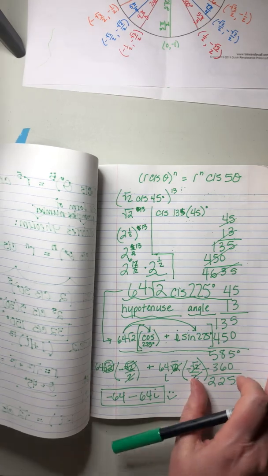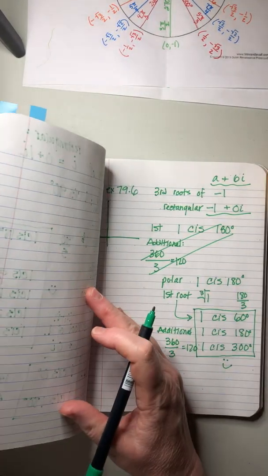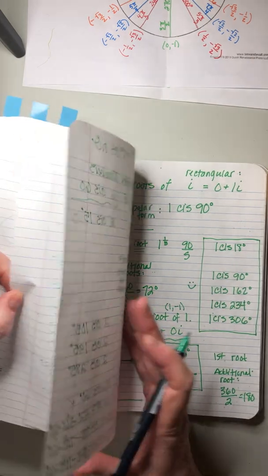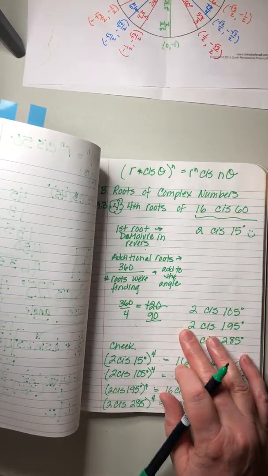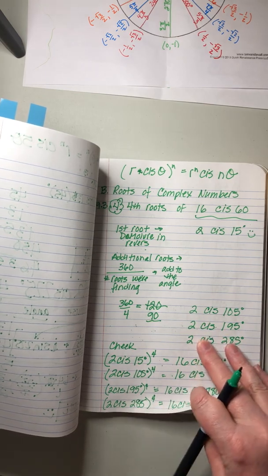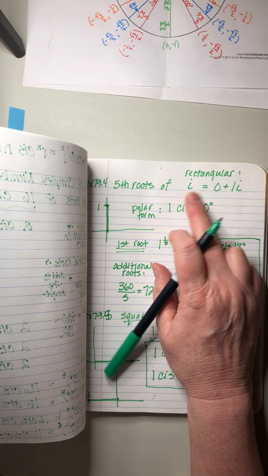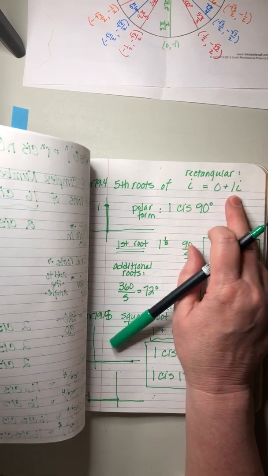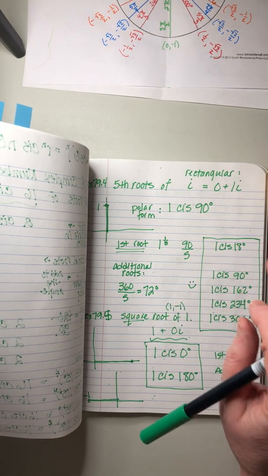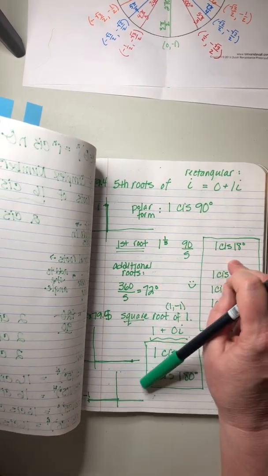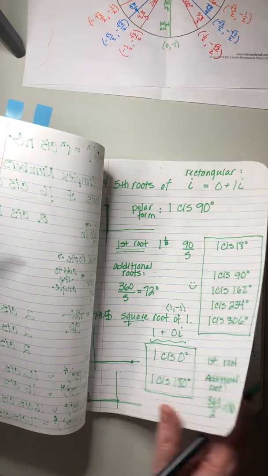And then we went in the other direction and we were taking complex numbers, sometimes already written in polar form, and we were finding the roots of them. But we also were getting thrown curveballs where John would throw us a rectangular number. Then we'd have to turn it into a better rectangular number, and then we'd have to convert it to a polar form, and then we'd have to take the roots of that, right? Whew. Okay, I hope that made sense to you.